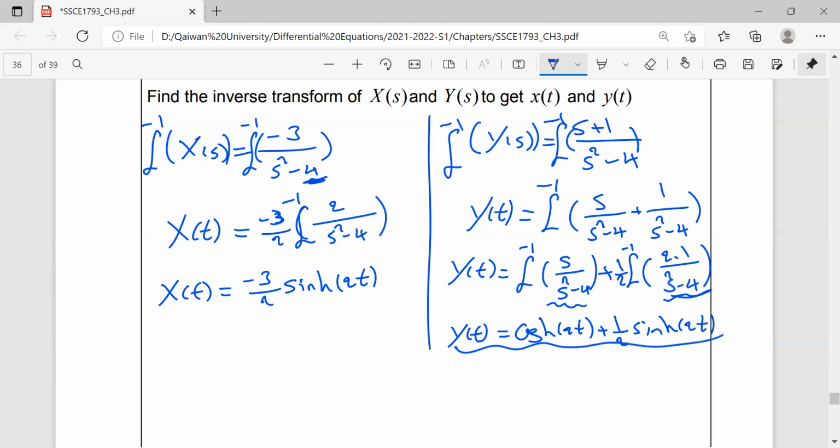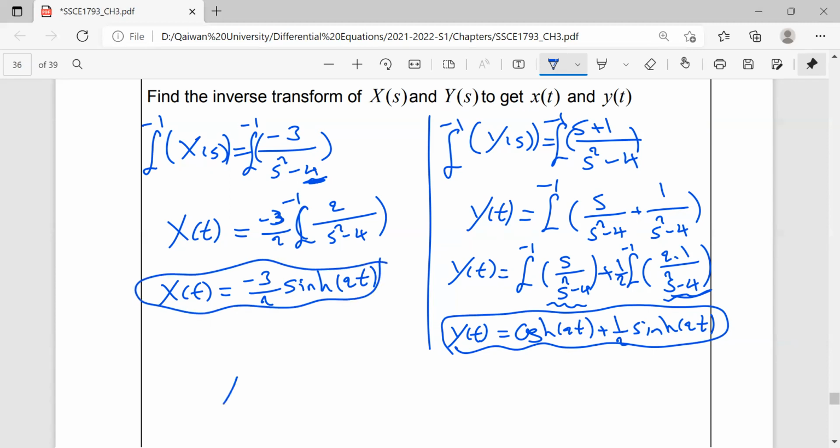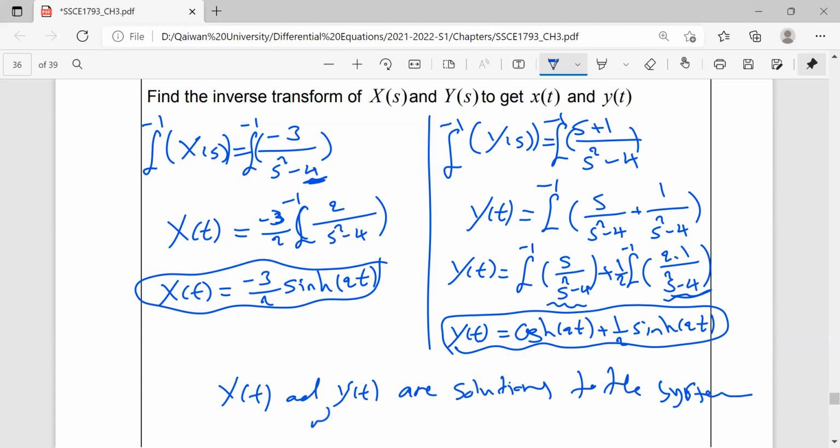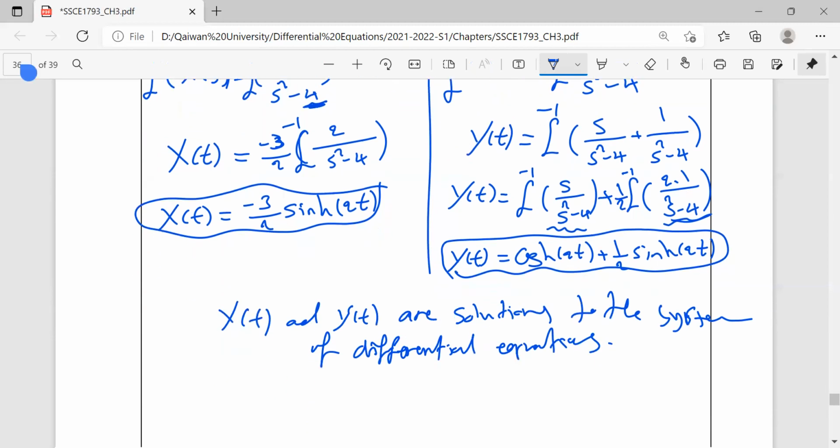This is y of t, and this is x of t. We say x of t and y of t are solutions to the system of differential equations. This is the solution.